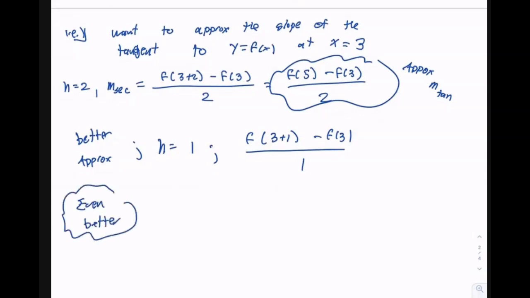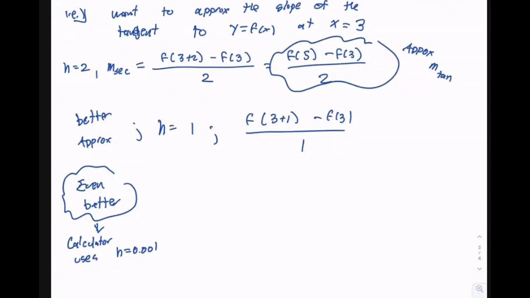And I want to point this out. This is what our calculator uses, h equals 0.001. Your calculator does not know how to do calculus, and basically what it does when you ask your calculator, as we will learn, to find the slope, is it uses h equals 0.001. And so it's going to be f of 3 plus 0.001 minus f of 3 all over 0.001.